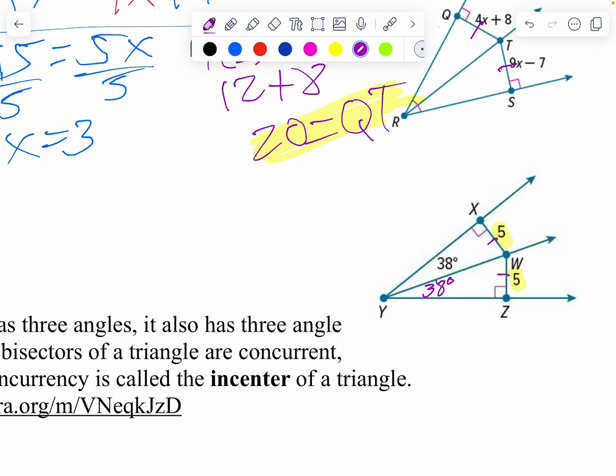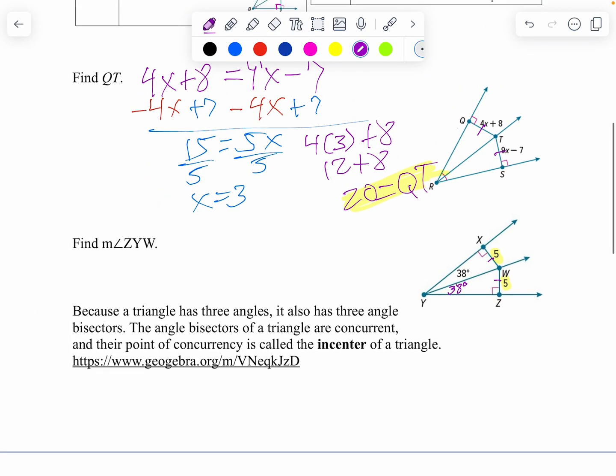Now we have an in-center. Remember, in the previous lesson, when you had perpendicular bisectors, you had the circumcenter. If I have angle bisectors, I have an in-center. I remember this because they both start with vowels. So I always remember in-center goes with angle bisector.